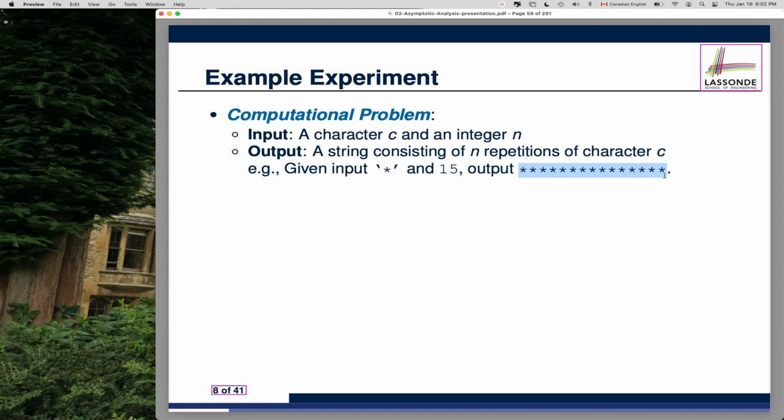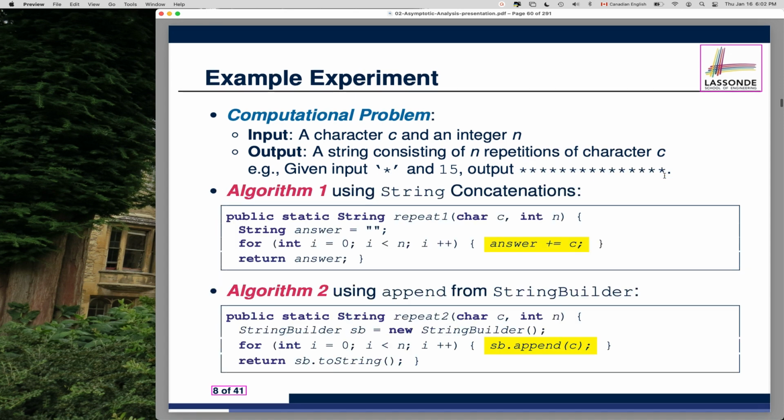All right, let me now give you 2 algorithms over here. I'll give you some quick focus, and then you can stare at the code for a few moments and tell me which one you think is more efficient. This one makes sure that whenever you want to repeat the character, you use the concatenation operator for strings, like a plus, which is already predefined in Java.